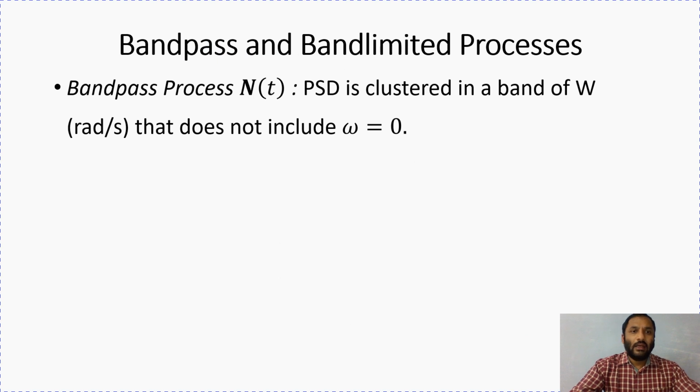It is a process which is denoted as capital N of T, and its PSD, as we saw, is clustered in a bandwidth of W radians per second, and usually this band of frequencies does not include omega equal to 0, or the DC frequencies, low frequencies.